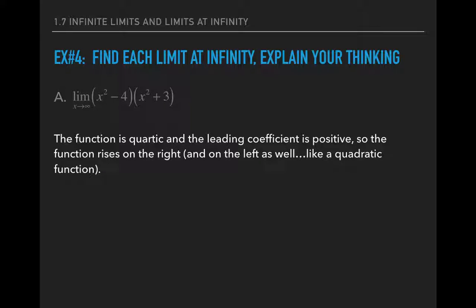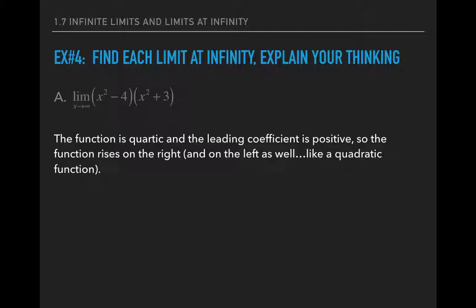This function here is quartic. Two squared terms, when you multiply it, it's going to be a quartic polynomial. And our leading coefficient is a positive 1 when you multiply this out. Quartic functions, like quadratic, have a very similar shape.